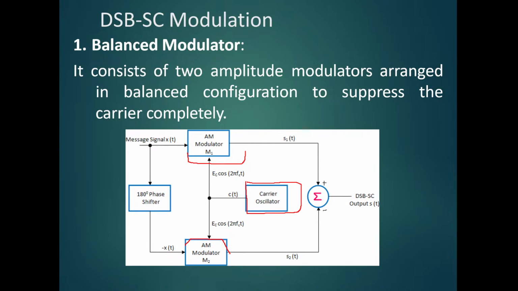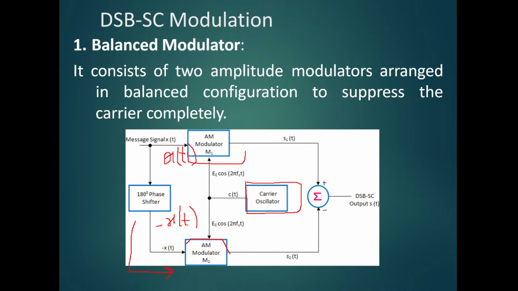The message signal is directly applied to AM1, and then for the same message signal, a 180-degree shift is applied to the original signal, and it is applied to the second modulator. So the input to the first modulator is x of t, and the input to the second modulator is minus x of t.